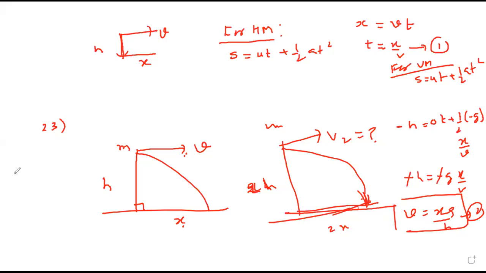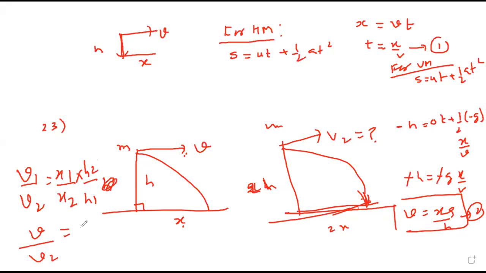So now if I take the ratio, v1 upon v2 will be x1 upon x2 times g same into h2 by h1. v1 is v, v2 I have to find, x1 is x, x2 is 2x, h2 is 2h, h1 is h.